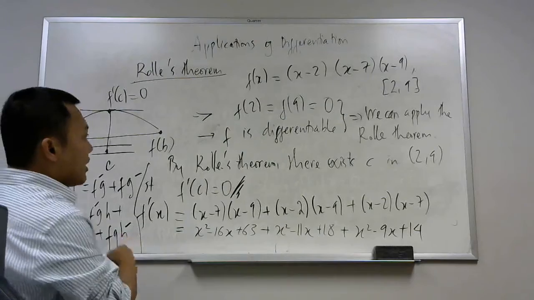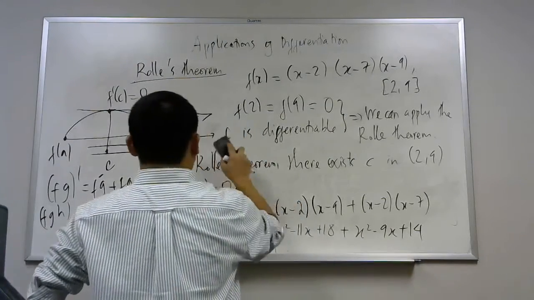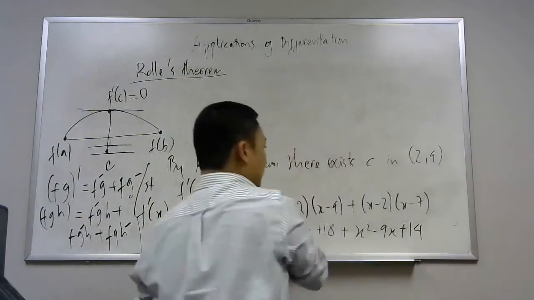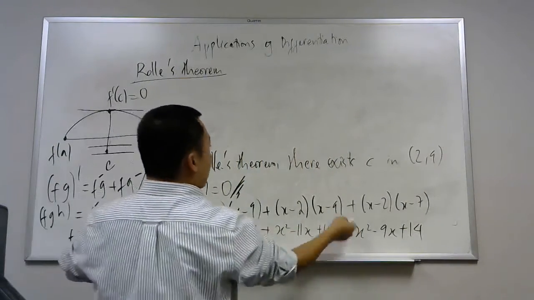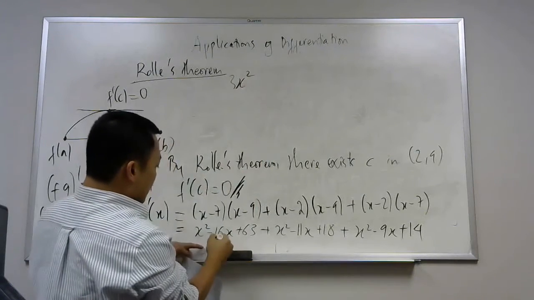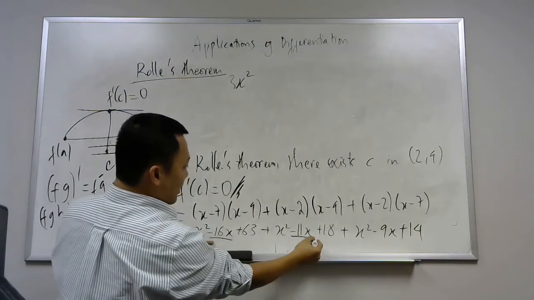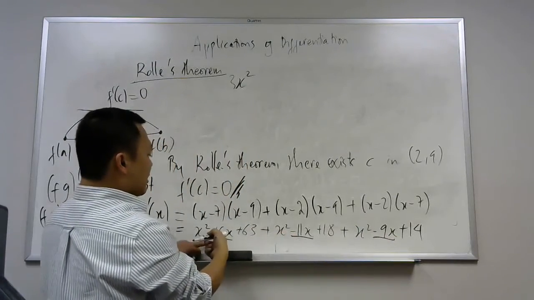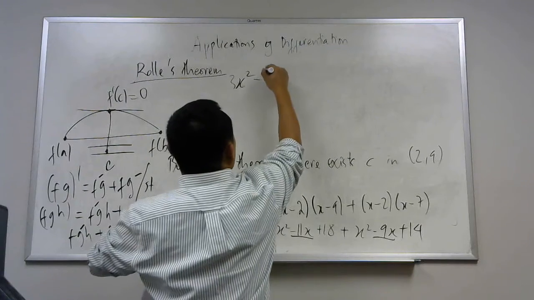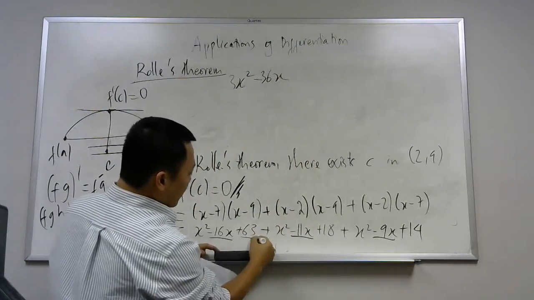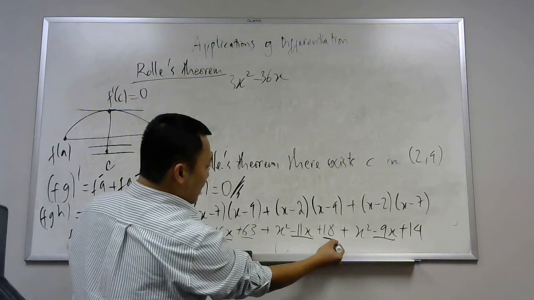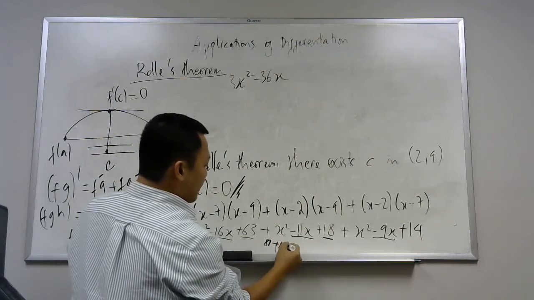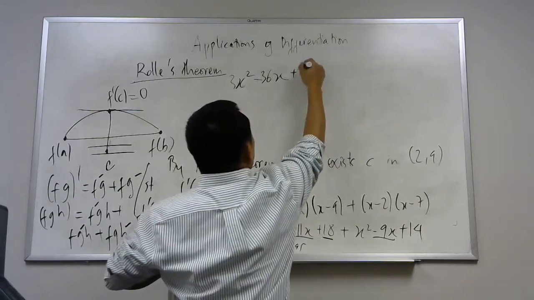Let's simplify everything. So x squared three times is 3x squared; negative 16, negative 11, and negative 9 gives negative 36x; and then 63 plus 18 is 81, plus 14 is 95. So we have 3x squared minus 36x plus 95.